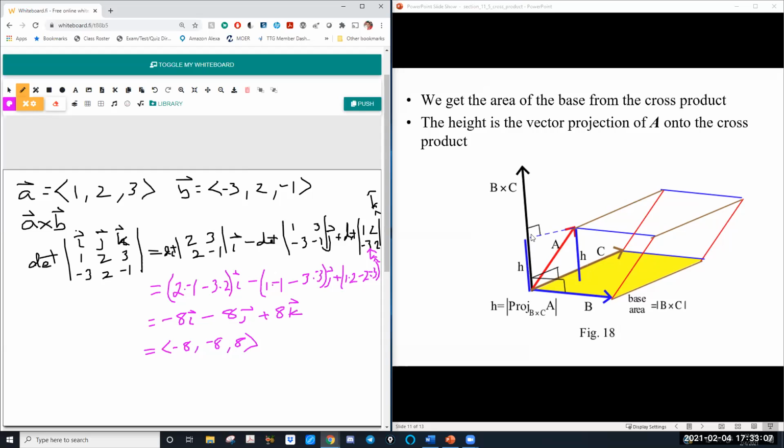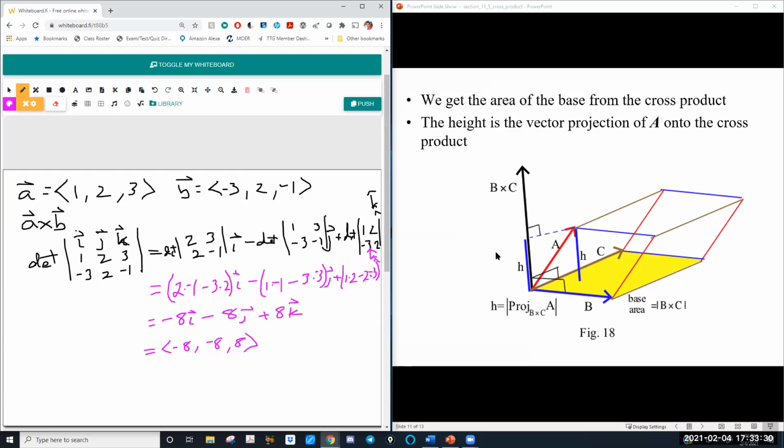That's the H, that's the height of the parallelepiped. We know how from last time to do a vector projection, and that's A dotted with the vector B cross C. All right, I know the notation isn't quite the cleanest on this slide, but it's actually not that hard for us to do.